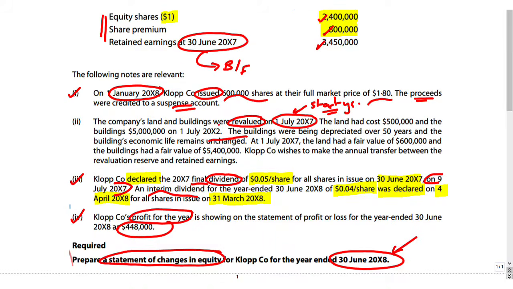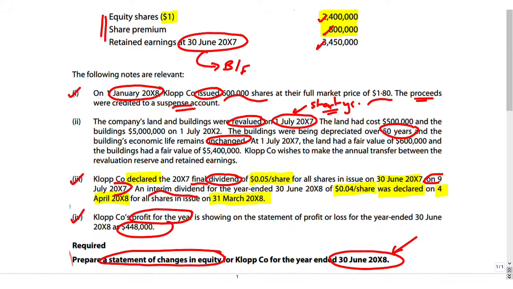So when we do the revaluation, remember the rule about revaluation is you take the revalued amount and depreciate that over the remaining useful life. Well, the useful life was originally 50 years. If we're 5 years down the line, because it's now July X7, when we bought it in July X2, count it on your fingers: X2 to X3, X4, X5, X6, X7.